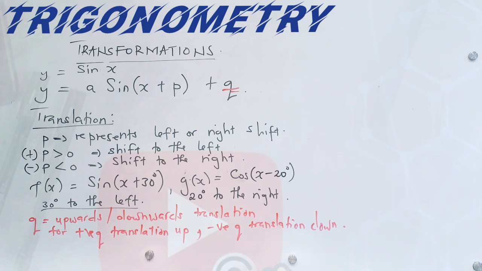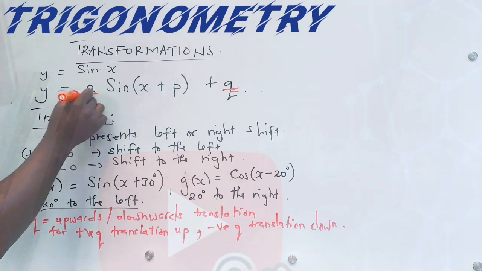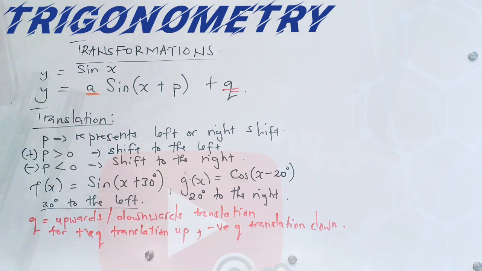It's just the transformations. Then let's see this value of A. If value of A increases, what happens? If A increases, the amplitude of the graph will also increase.